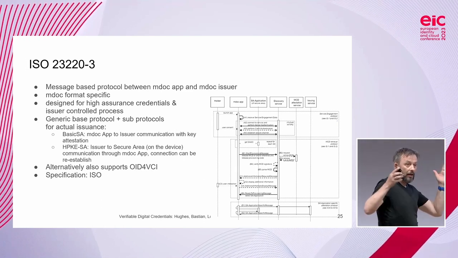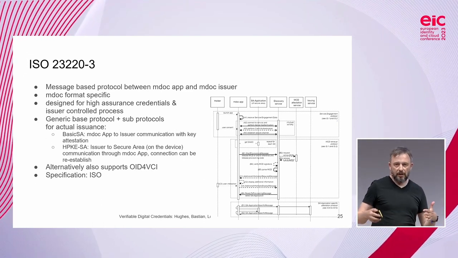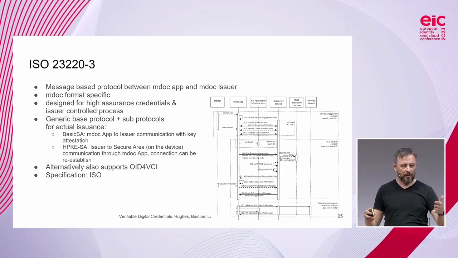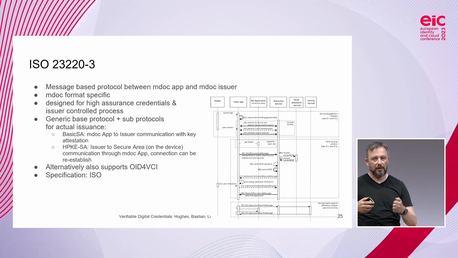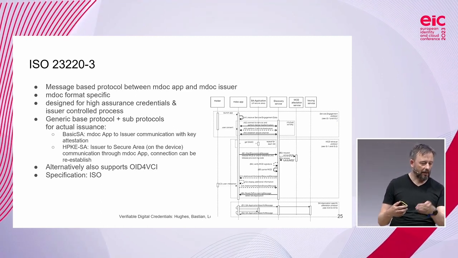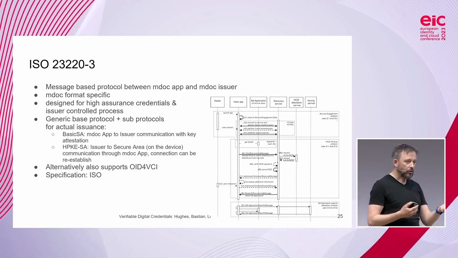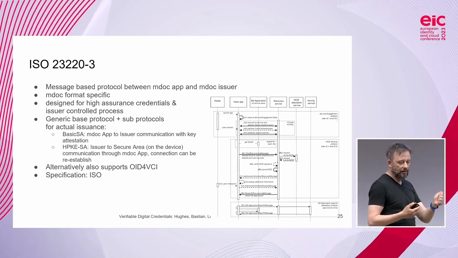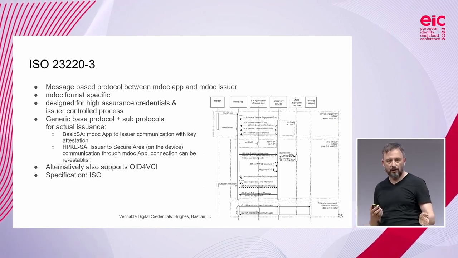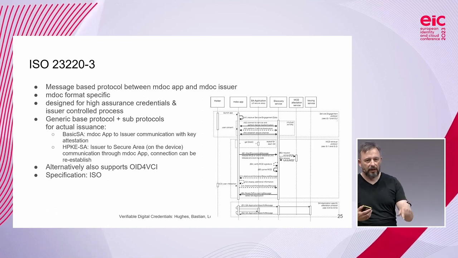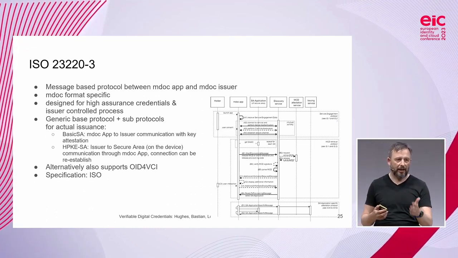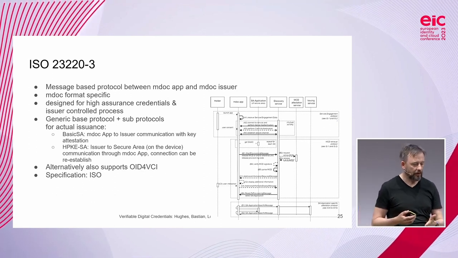All right, so the ISO specification is message-based. So in contrast to OpenID for VCI, it's message-based, and it's talking about messages being exchanged between the wallet and the issuer, which in this case is called the MDoc app and the MDoc issuer. The issuance protocol itself is specific to the MDoc format. So the ISO standards, this standard as well as 18013-5 and -7 only support the MDoc format, which is a binary CBOR-based credential format.